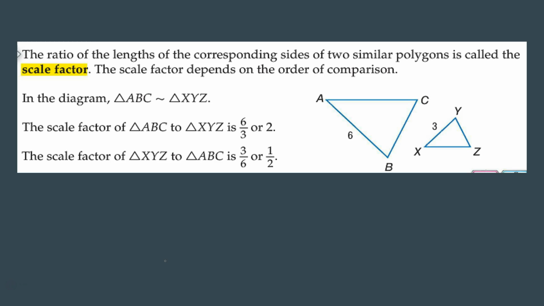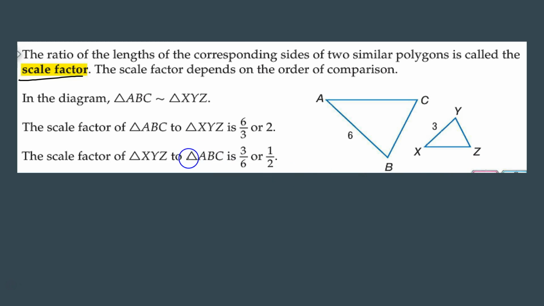Alright, next we have the ratio of the lengths of the corresponding sides of two similar polygons, which is called a scale factor. Very important: the scale factor depends on the order of comparison. So here we have our triangle ABC and triangle XYZ.